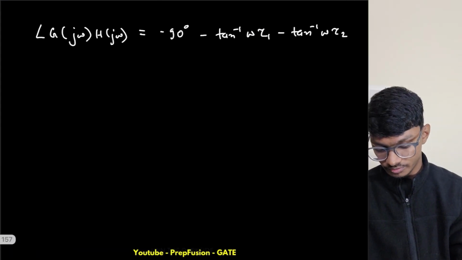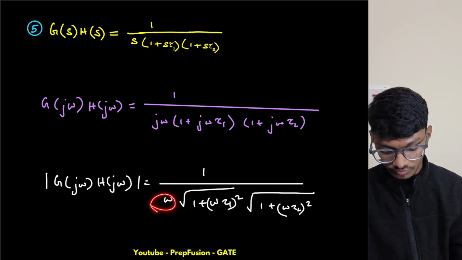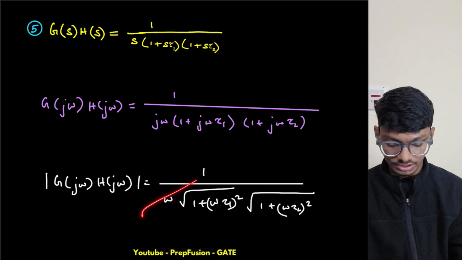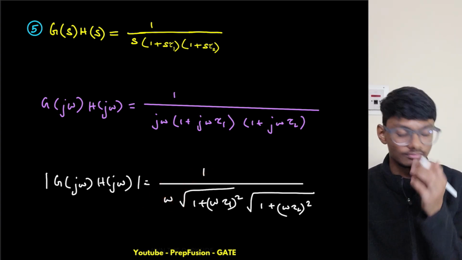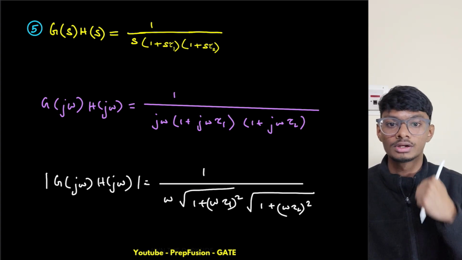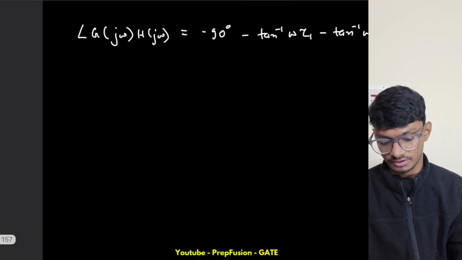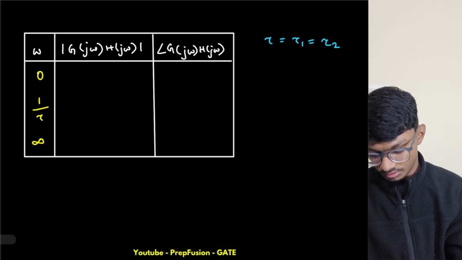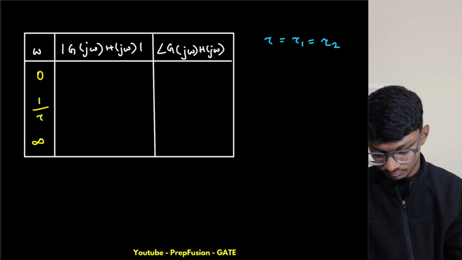Then what is my magnitude? If I put 0 over here, this blows up to infinity. Even if my type isn't 0, at omega equals 0 I will always have infinite magnitude. So this will be infinity.